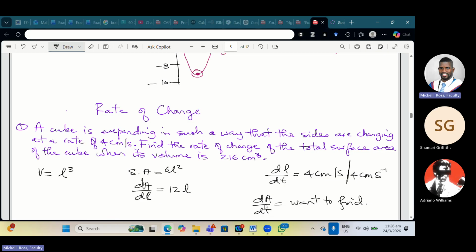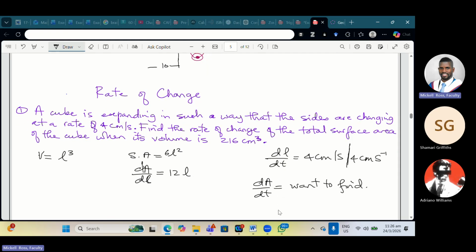That is what this is saying. The change in the area with respect to time, because it asks us to find the rate of change of the total surface area. But one of the things that we can find out is how the area is changing with respect to the length. So we know that, all right?